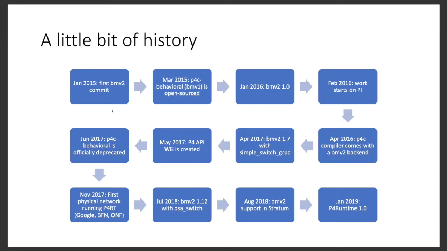And the main differences between the two was that BMV1 was auto-generated C code, which was generated from the P4 program by a compiler and then compiled into a binary by GCC or NEC compiler, whereas BMV2 was kind of like a C++ project that moved away from code auto-generation from the P4 program, and that has advantages, but that also has a few drawbacks, and maybe I'll talk about this later.